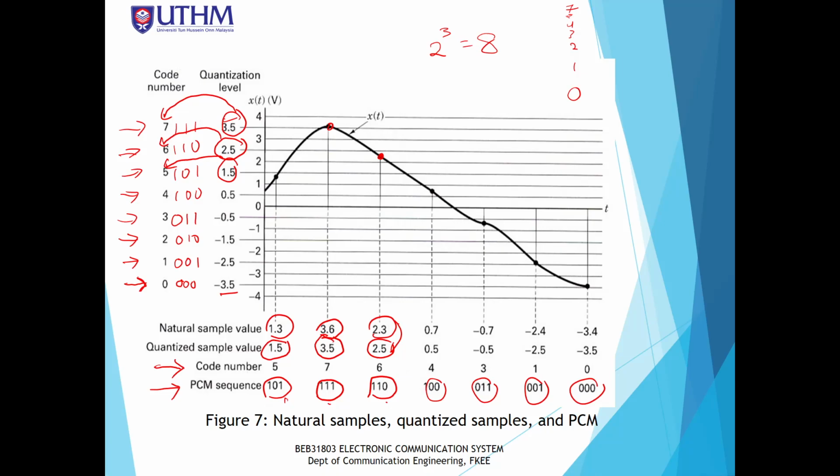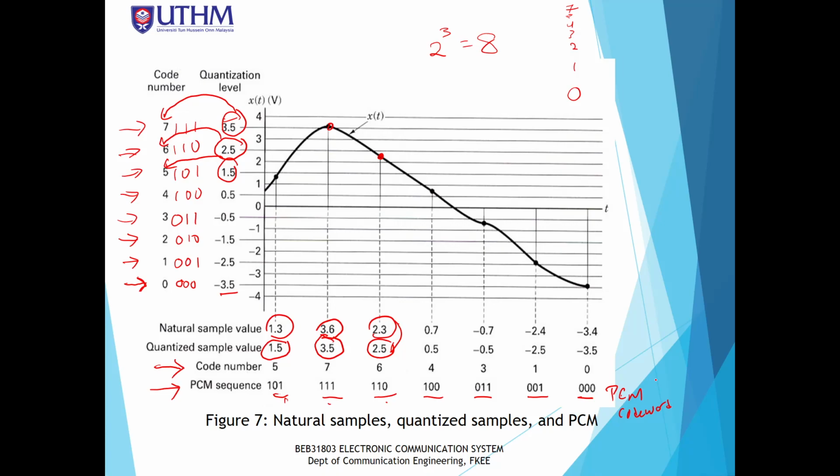The output after encoding is this sequence of codes: 101, 111, 110, 100, 011, 001, and also 000. These are the PCM code words.